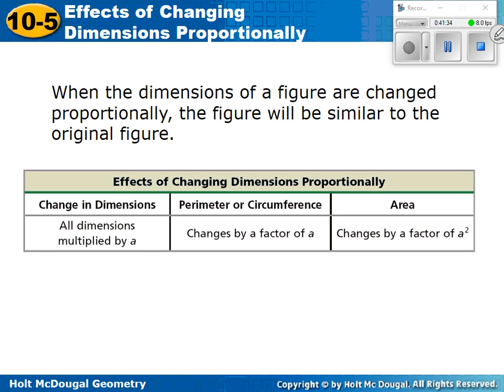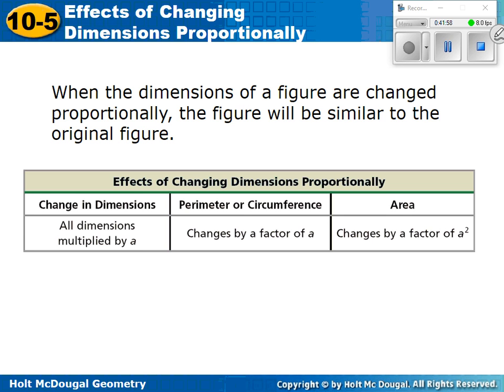If you only change one, we don't know what happens to the perimeter. There's not a shortcut way to figure that out, but the area is multiplied by the same value. If all the dimensions get changed, the perimeter gets changed the same, and the area gets changed by that value squared.